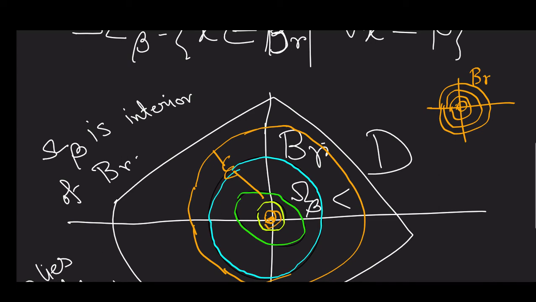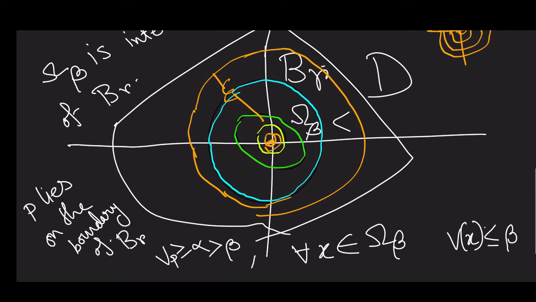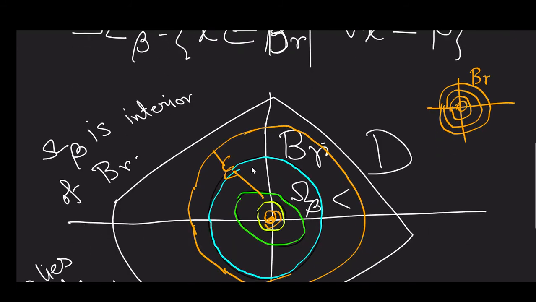Now what I am trying to prove by saying so many things here is that I am claiming this closed region omega b will be interior to this BR. Note that BR is defined based on x and omega b is defined based on V. So obviously one question will arise: how is omega b related to BR, why must it be interior to BR?